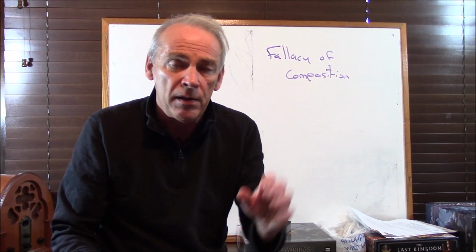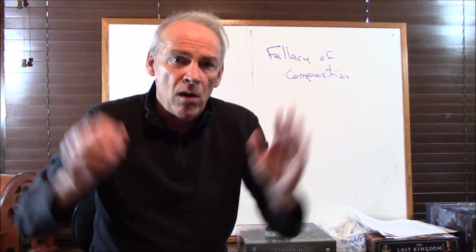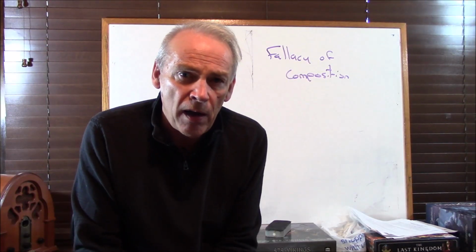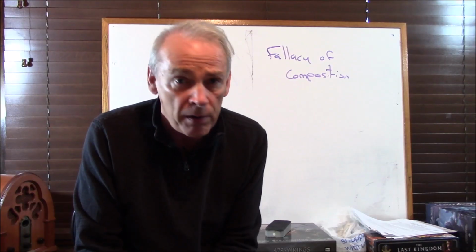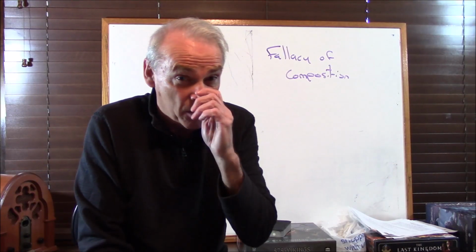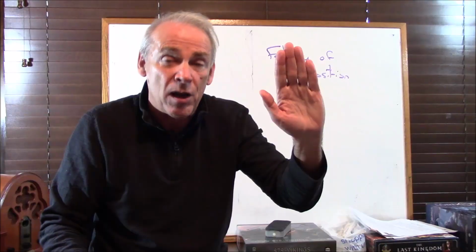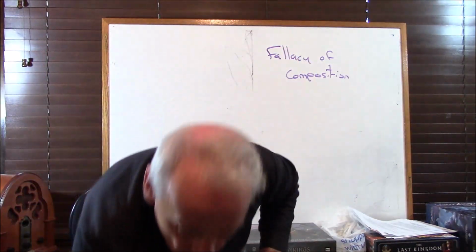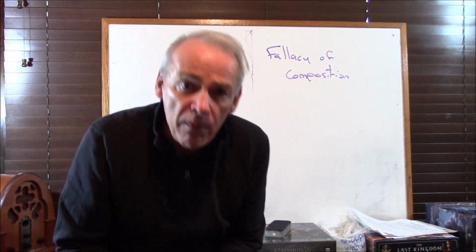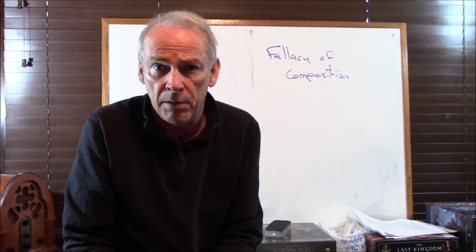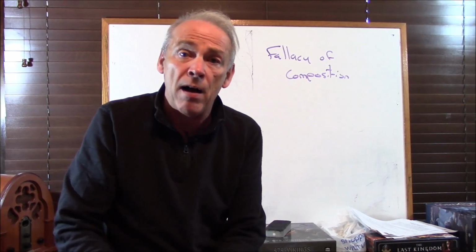For every win, there's a loss. What does the average team in baseball, what is its winning percentage? .500. There's no ties in baseball, so there's always going to be exactly as many W's as L's. So no, that's not true. If every team in Major League Baseball improved their pitching, then the average winning percentage would still be .500. You can't make that assumption, right? So that is the fallacy of composition.